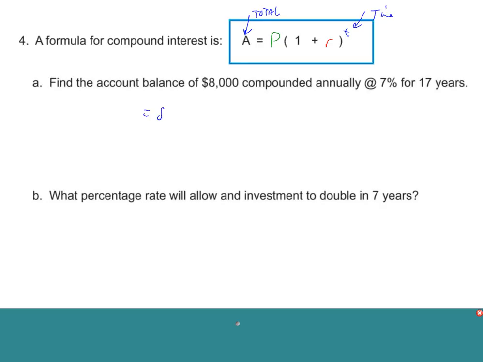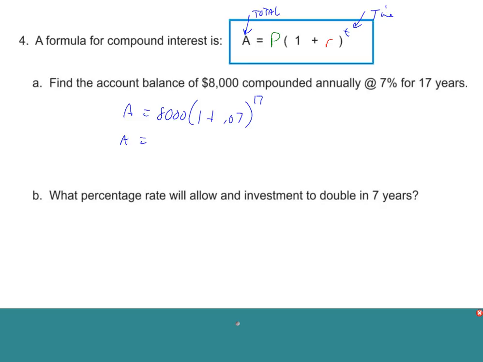So it's 8,000, right? Times 1 plus 7% is going to be, remember, always percents are in decimal form in any formula, to the 17th power. And so you're just punching that out. 1.07 to the 17th power times 8,000.